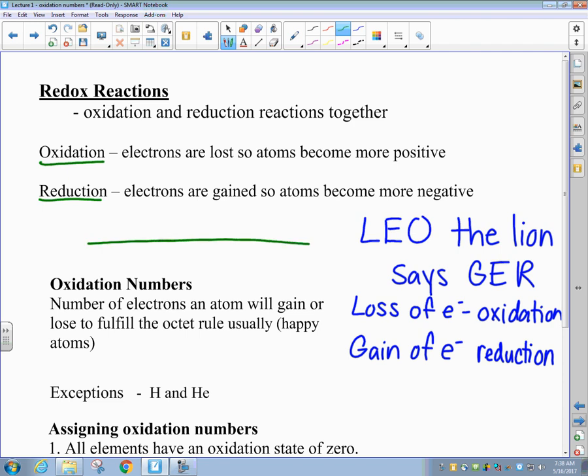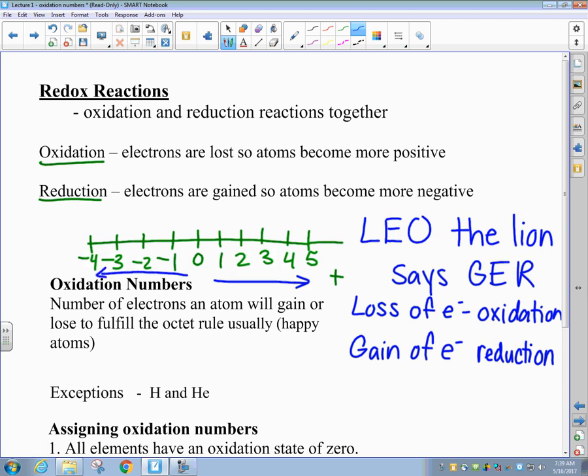Sometimes it's helpful to picture a number line. If we have a number line where this is 0, and we have a positive 1, 2, 3, 4, 5, etc. on this end, and a negative 1, 2, 3, 4, etc. on the other, in this direction we're becoming more positive, and in this direction we're becoming more negative. In an oxidation half reaction, electrons are lost, and as an atom loses electrons, it's becoming more positive.